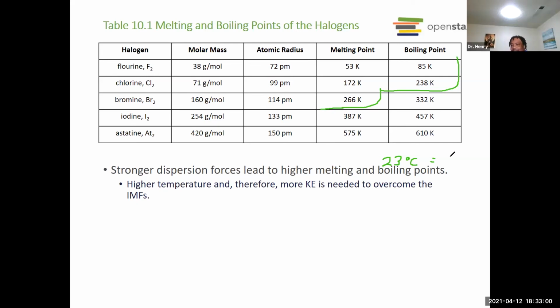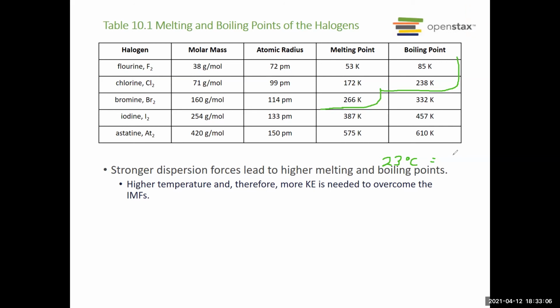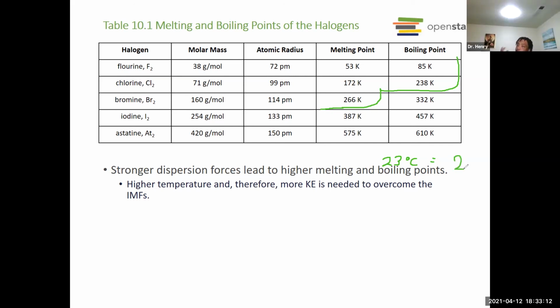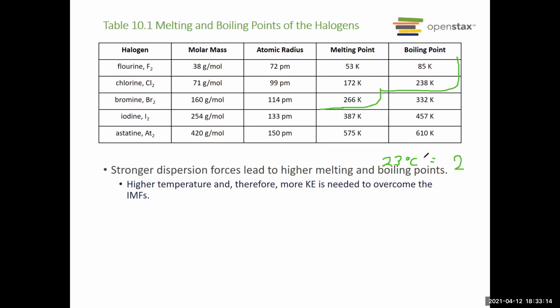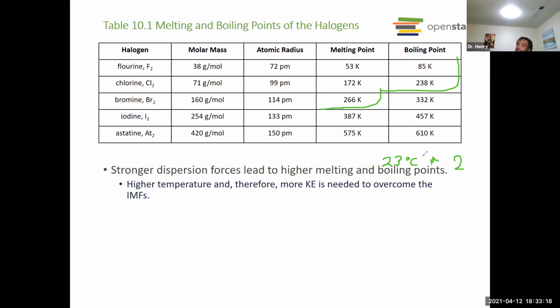So 23 degrees Celsius would be how much in Kelvin? 273 plus 23? Negative 250? No, plus. Oh yeah, plus. Sorry. 273. What was it?